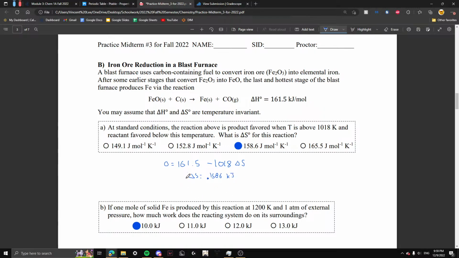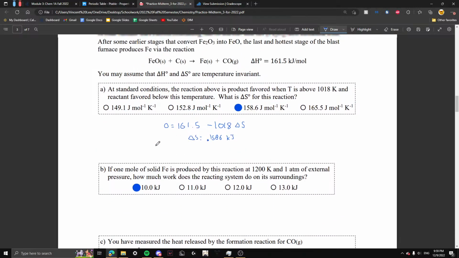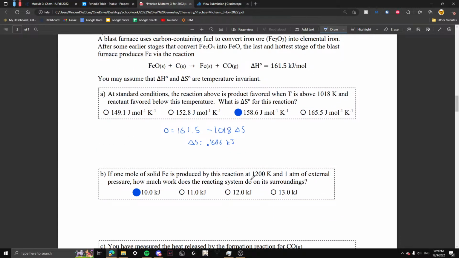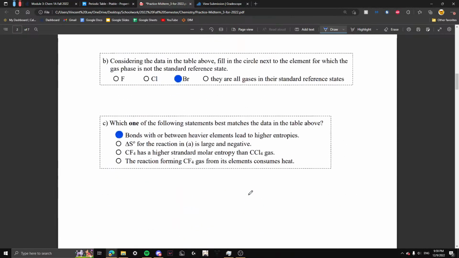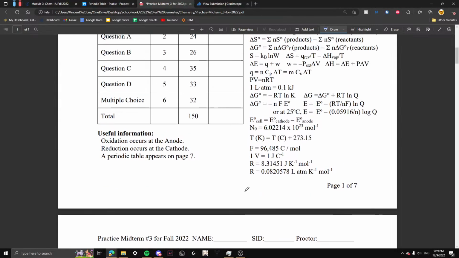Okay. It's in kilojoules because delta H is in kilojoules, so a simple conversion to joules turns it into this. That's it. Next is here. If 1 mole of solid Fe is produced by this reaction at 1 atmosphere, how much work does it do onto its surroundings? I think you're supposed to use a formula for this one as well.